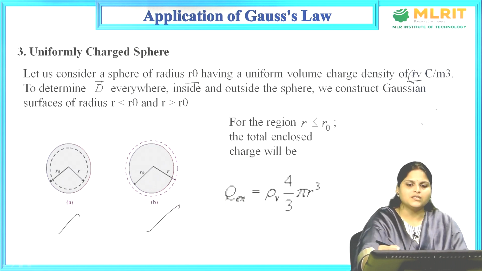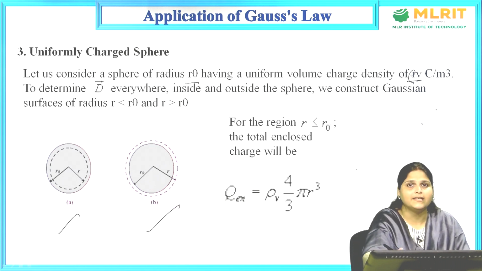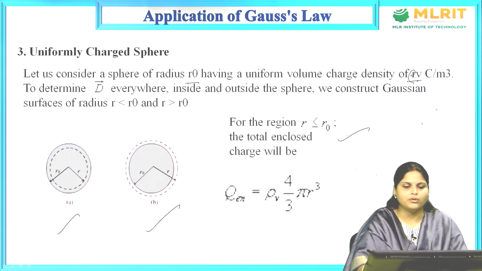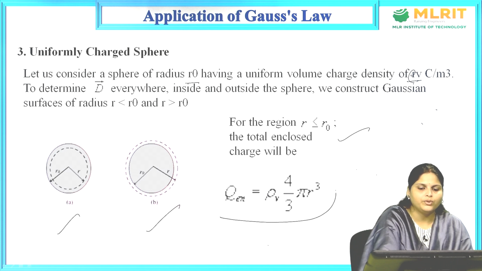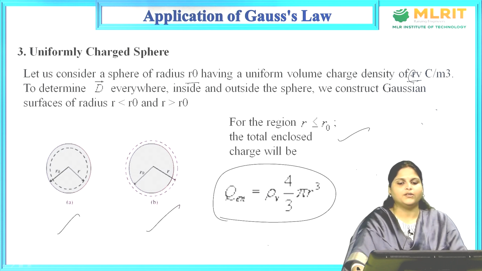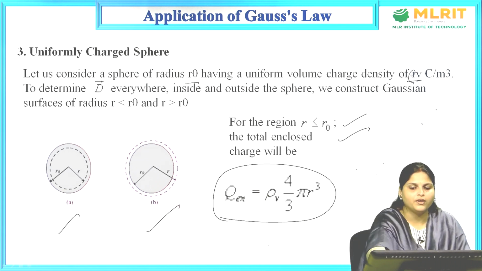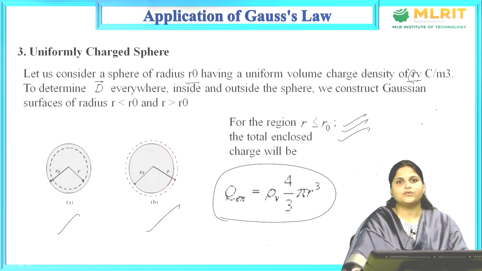For the first region, where r is less than or equal to r0, the total enclosed charge is given by Q equals rho v into 4 by 3 pi r cube, the volume of the sphere. This is the first formula for r less than or equal to r0.